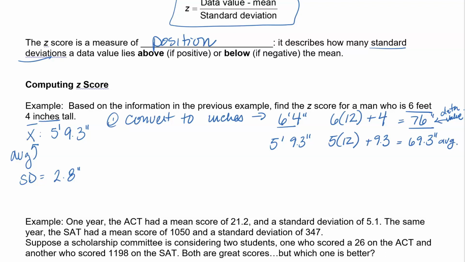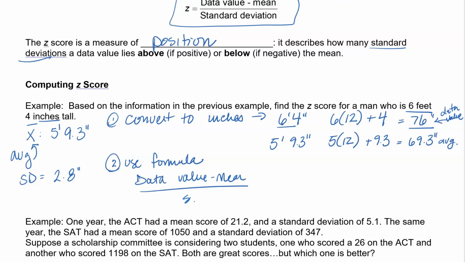So we're going to use the formula. Step 2 is use the formula. We're going to do the data value minus the mean, divided by the standard deviation. So our data value is 76 inches minus the mean, which is 69.3, divided by the standard deviation, which is 2.8.